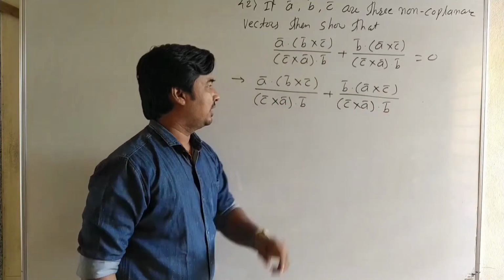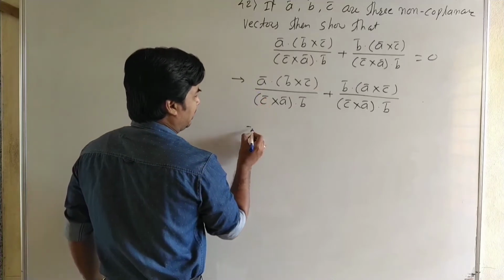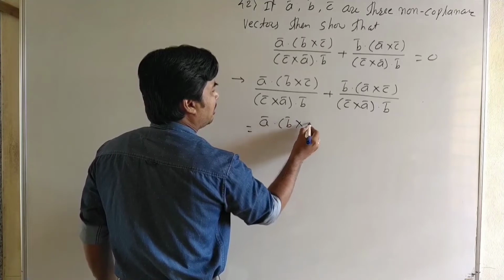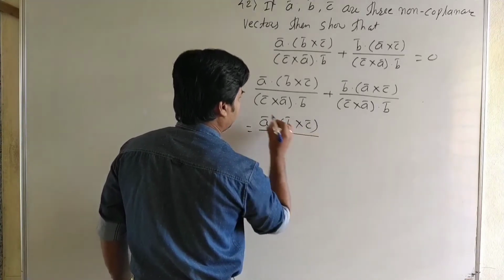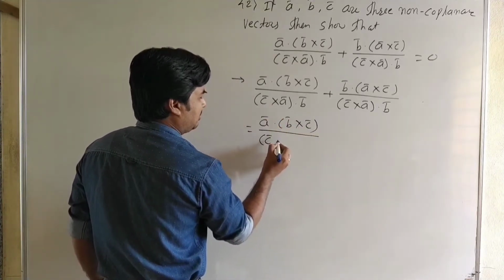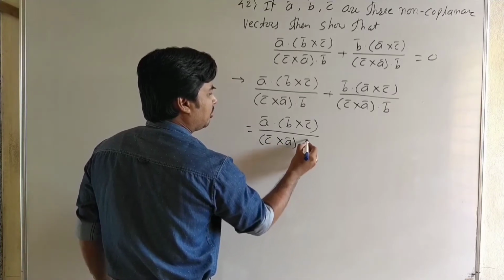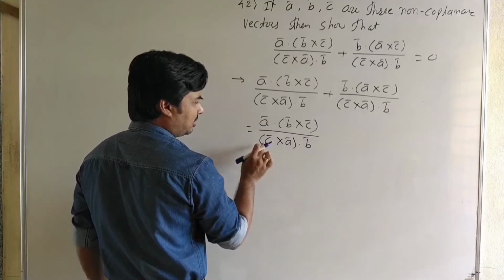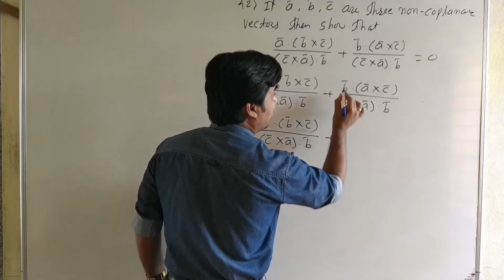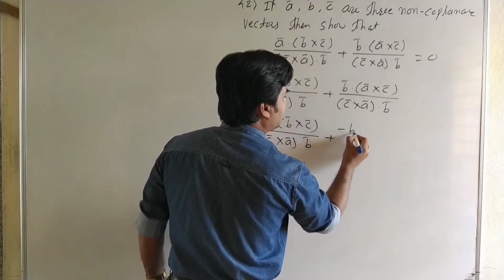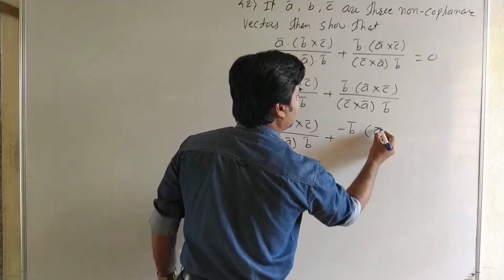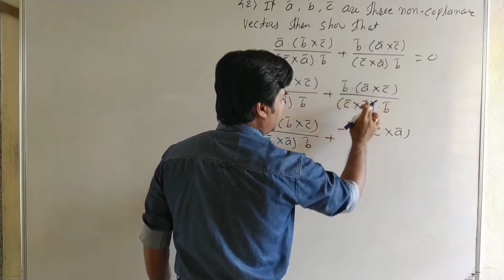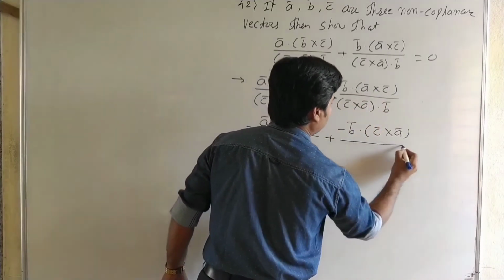Because the denominator is the same, now we can write A bar dot B bar cross C bar upon C bar cross A bar dot B bar. It is also a triple product. Plus B bar dot A bar cross C bar, here minus B bar dot C bar cross A bar. A single interchange changes the sign of the triple product.